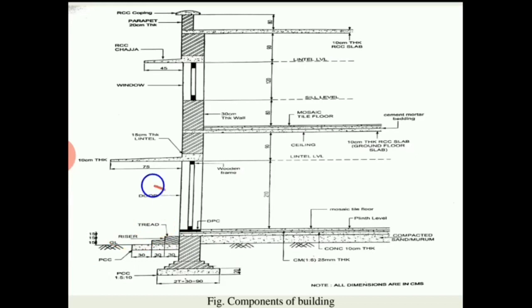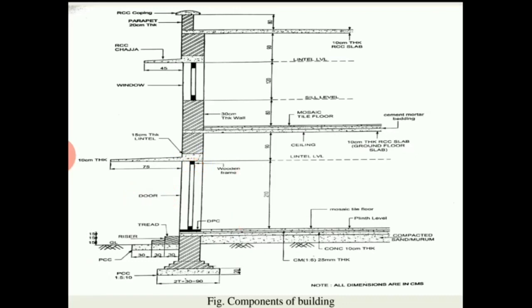Now next is door. The door provides access to the user of the structure, and the height of a door is normally provided as 210 centimeter. And this is the wooden frame of the door.